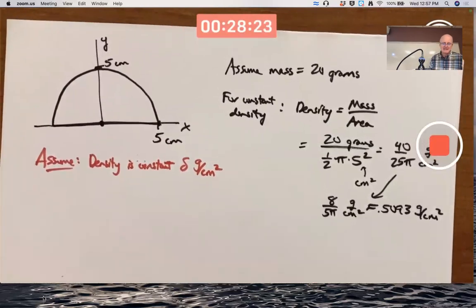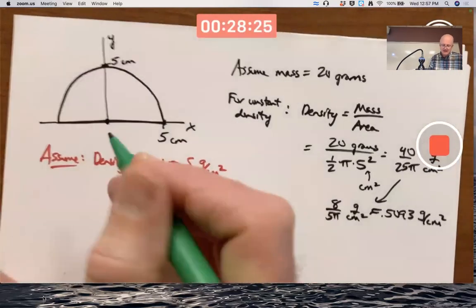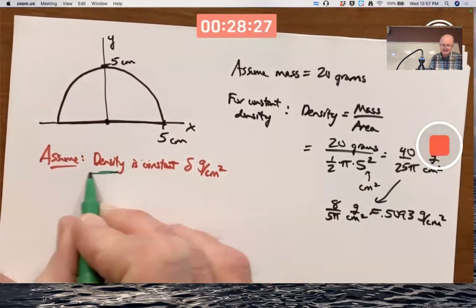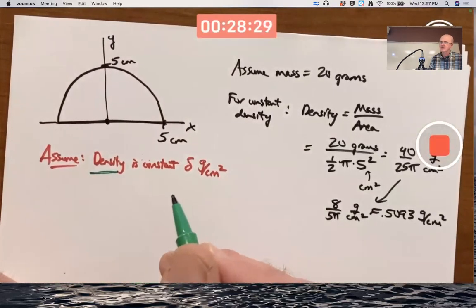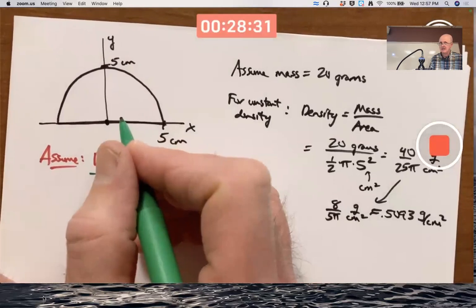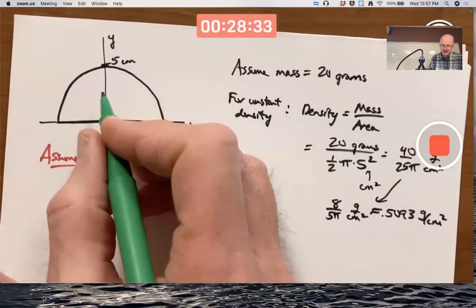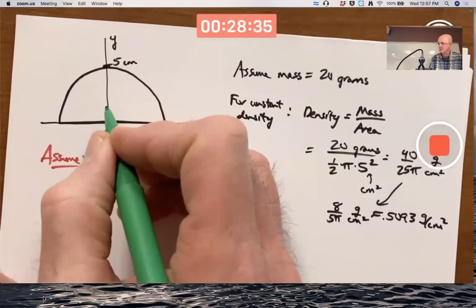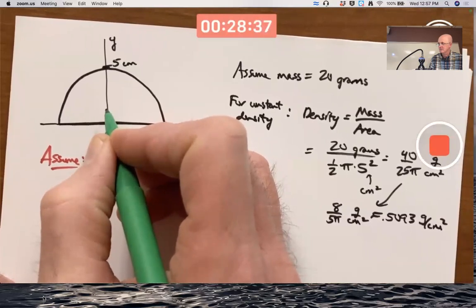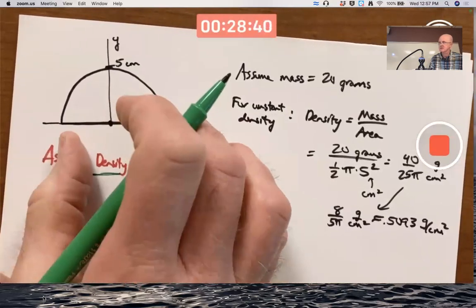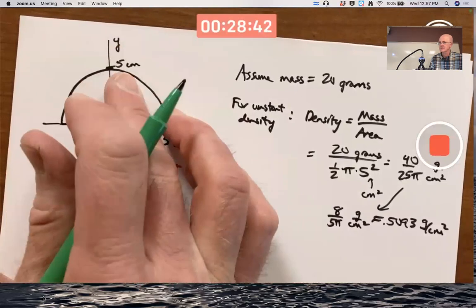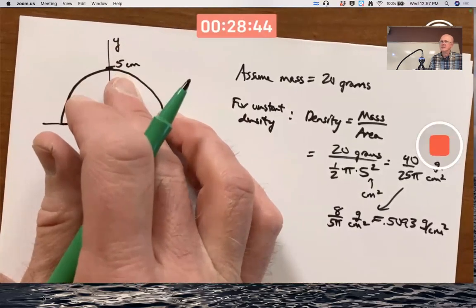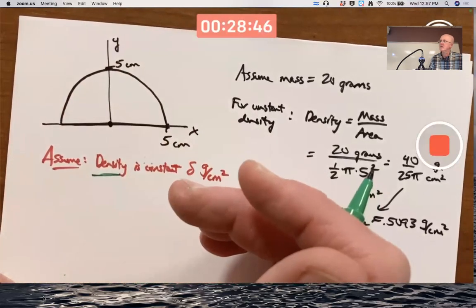What about the center of mass? Because the density is constant, by symmetry, the center of mass should be on the y-axis somewhere. This semicircle is symmetric about the y-axis. The x-coordinate of the center of mass should be 0.